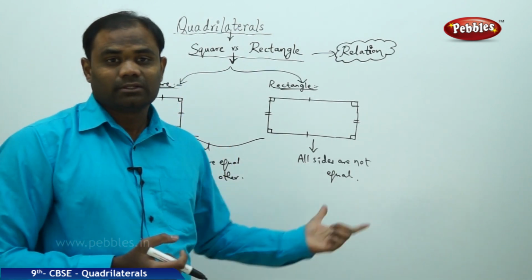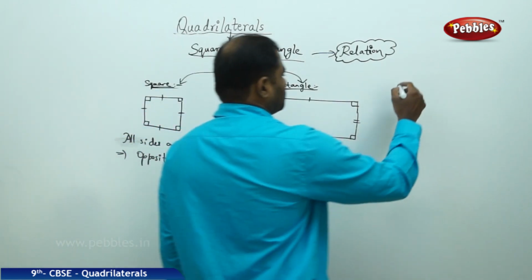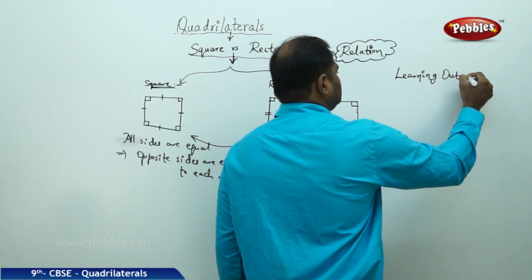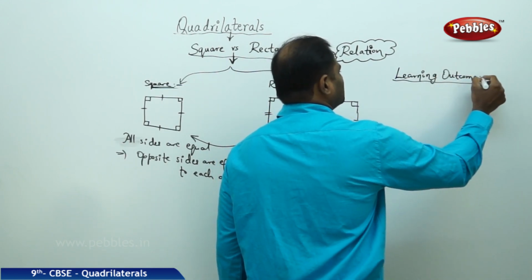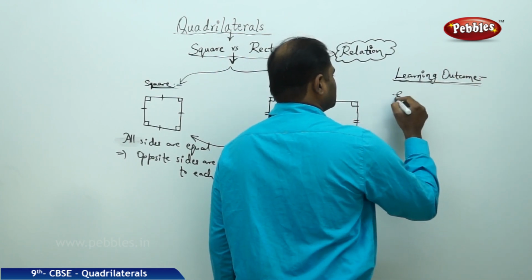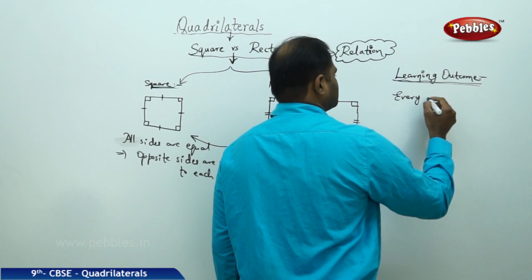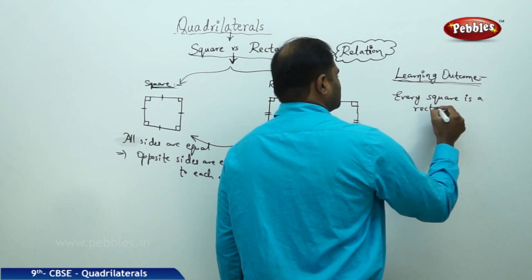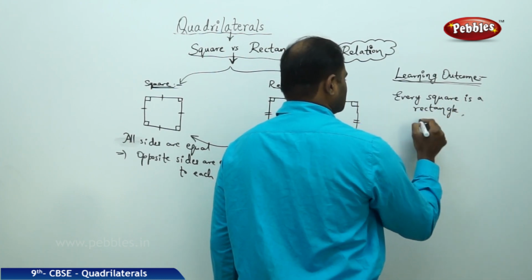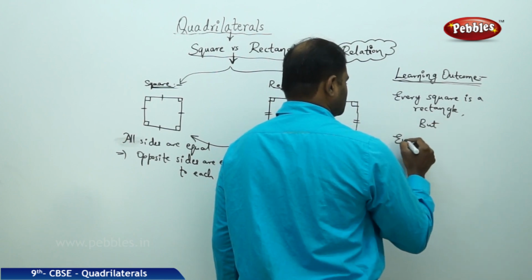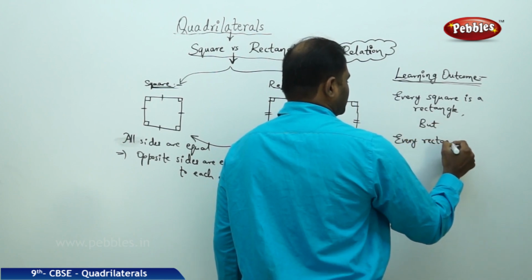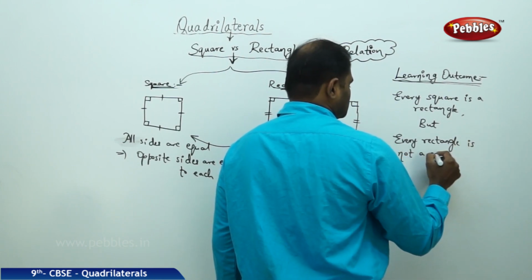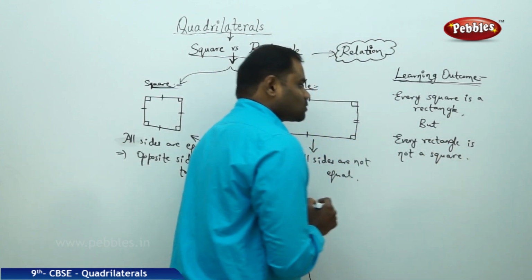This is how we understand the learning outcome. Therefore, my learning outcome is that every square is a rectangle, but every rectangle is not a square.